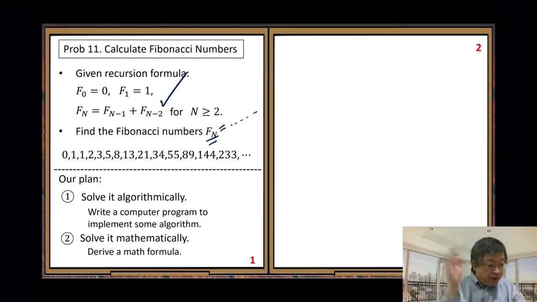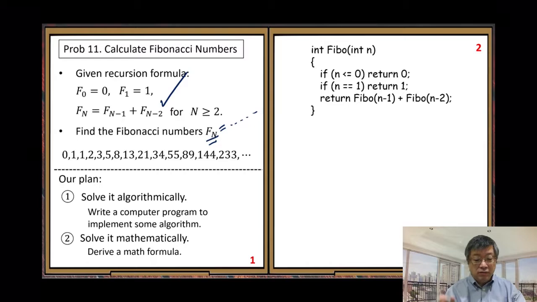So our first solution, the definition of this function. Let us call the function name Fibo, Fibo of integer n, input value n. Then, based on the definition of the Fibonacci numbers, two base cases. The first base case, n less than or equal to 0, then the second base case, n equals 1.